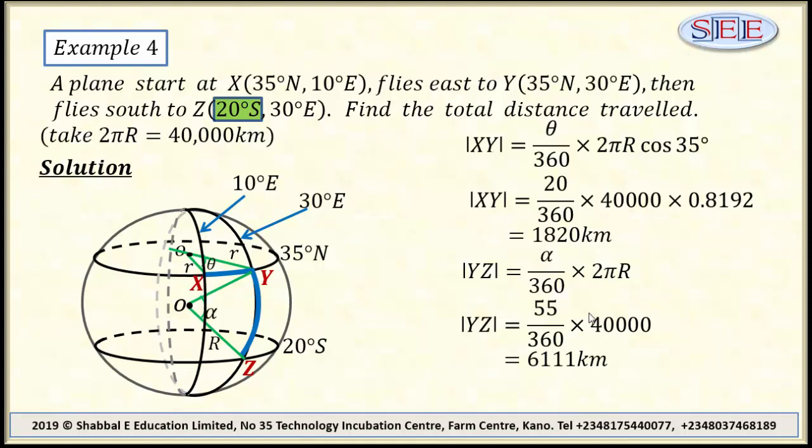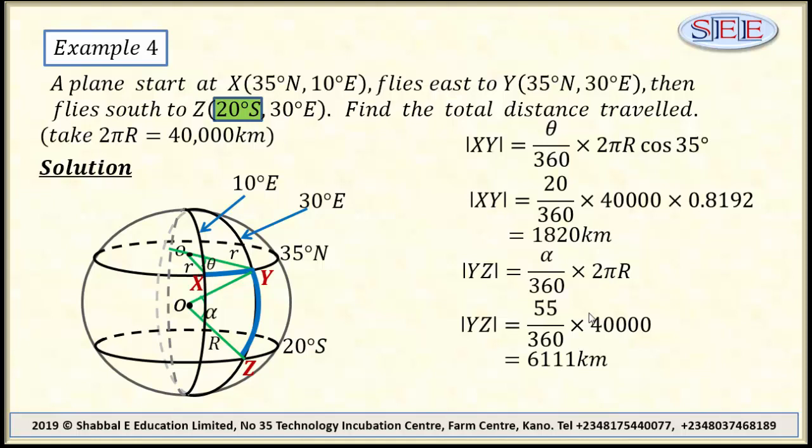That is the distance from y to z, from airport y to airport z. But the question asked here is to find the total distance traveled. Total distance traveled will now be equal to the addition of the two distances, meaning from airport x to airport y, and from airport y to airport z.